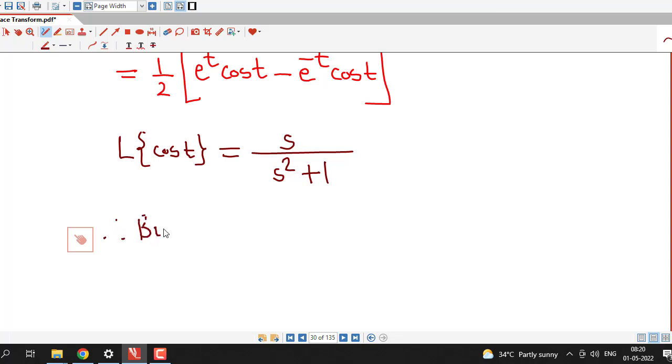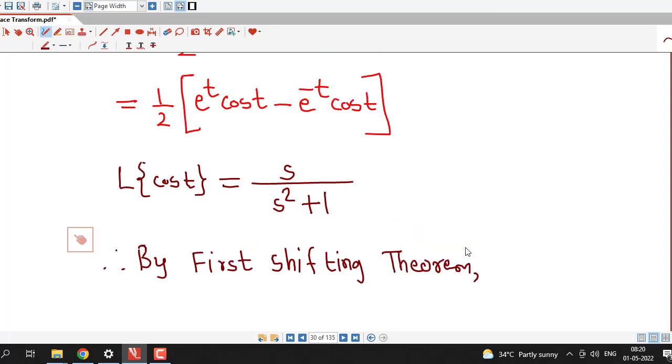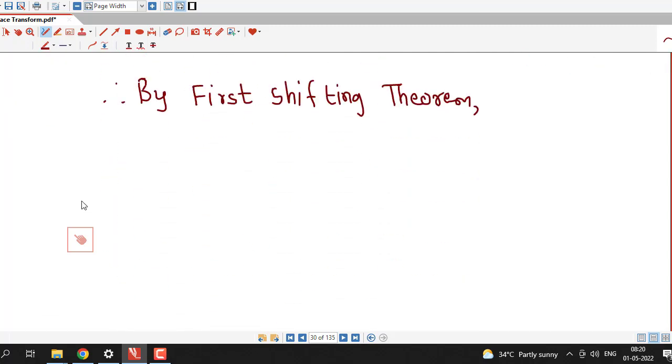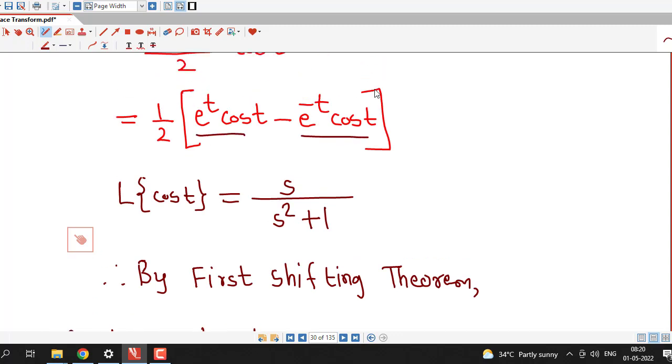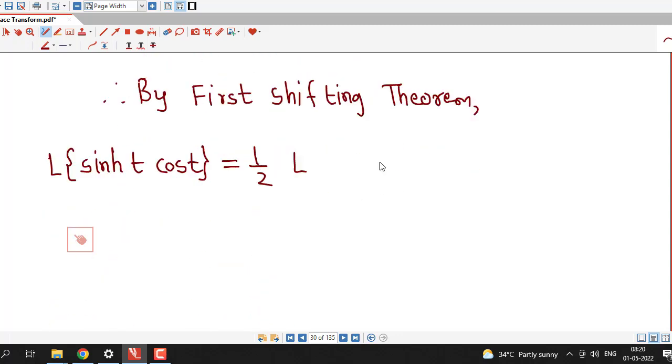Therefore, by first shifting theorem, we have to mention whatever result we are using. By first shifting theorem, we write down left hand side sin hyperbolic t times cos t, Laplace transform of sin hyperbolic t times cos t equal to 1 by 2 times, first we write Laplace transform of e raised to t cos t minus Laplace transform of e raised to minus t cos t by linearity property.